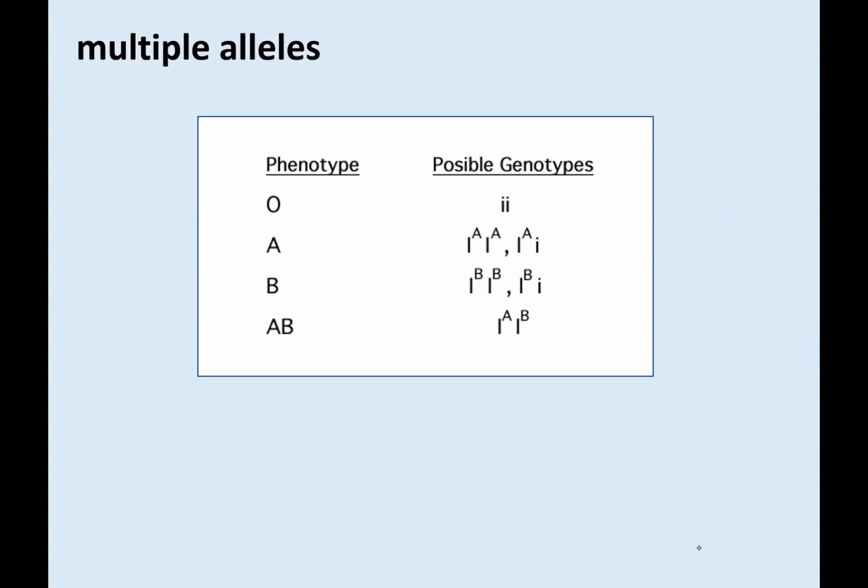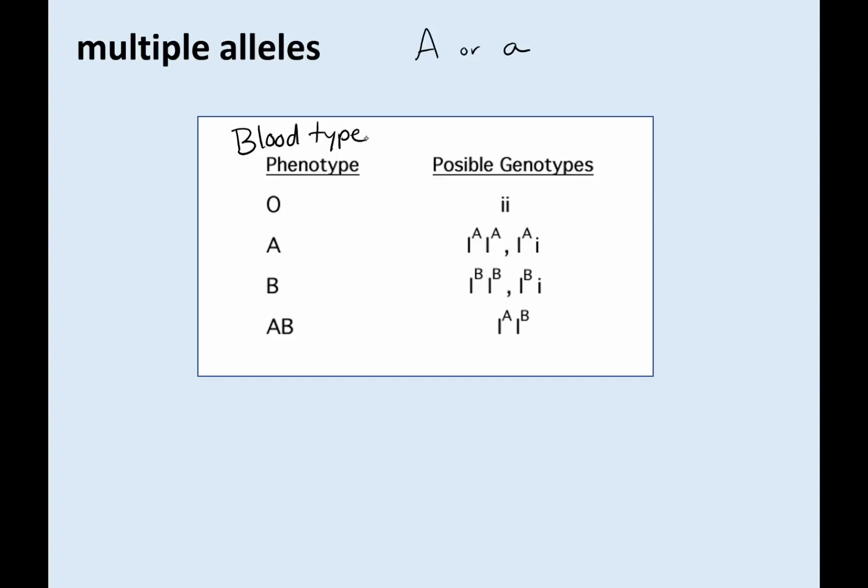Okay, probably not surprising. You can also have multiple alleles. So this idea that there's a big A or a little a combination really isn't how things are. Okay, you can have many different alleles for one gene. So the classic example is for blood type, and blood type would be your phenotype.